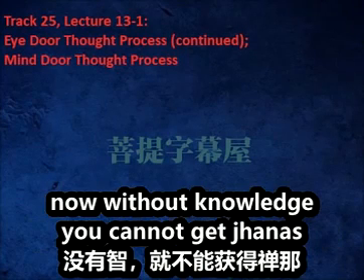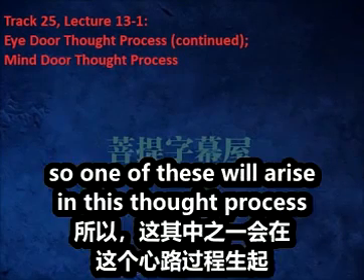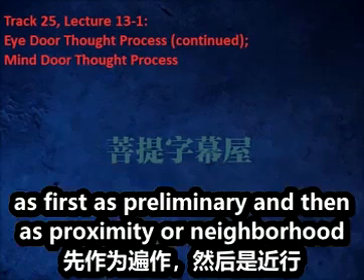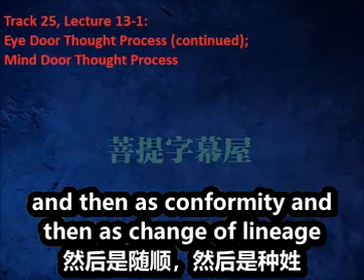Now without knowledge you cannot get jhanas. So one of these will arise in this thought process first as preliminary, and then as proximity or neighborhood, and then as conformity, and then as change of lineage.